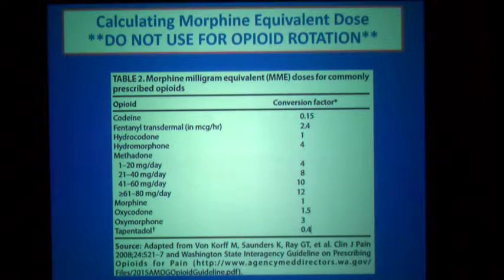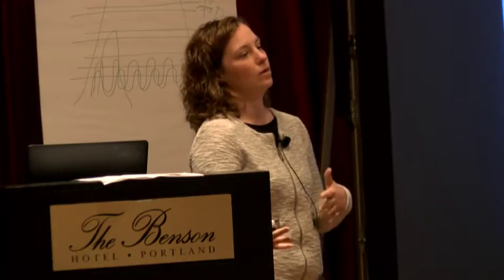Okay, so the other thing the CDC did was they defined a new equivalency conversion table. And this was actually really important because we can define, okay, 90 milligrams of morphine equivalents is a high dose. Well, what does that mean if you're on oxycodone? Or what does it mean if you're on methadone or hydrocodone or whatever?